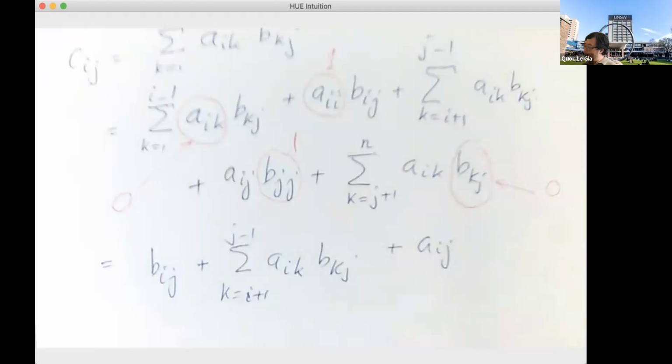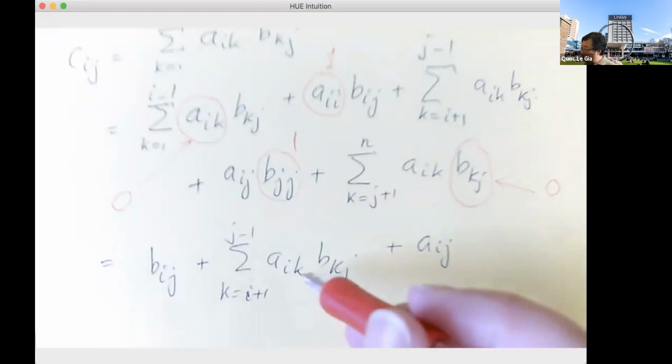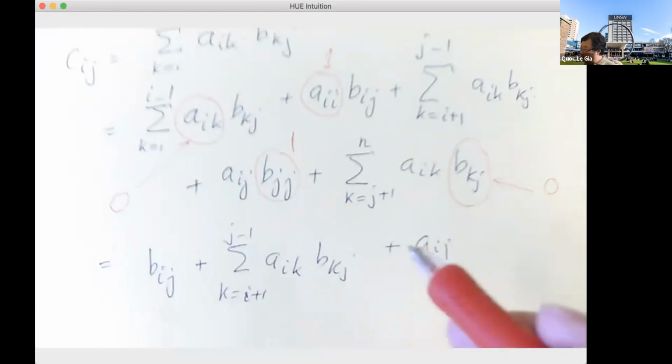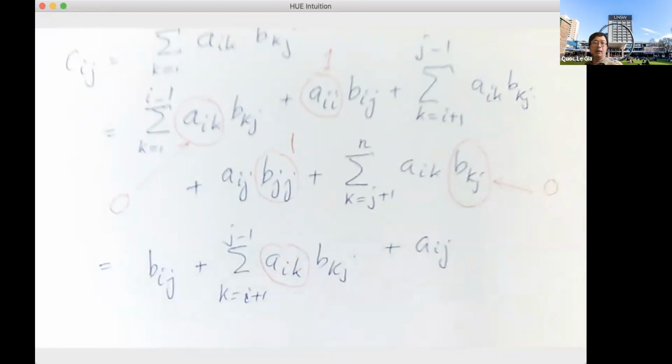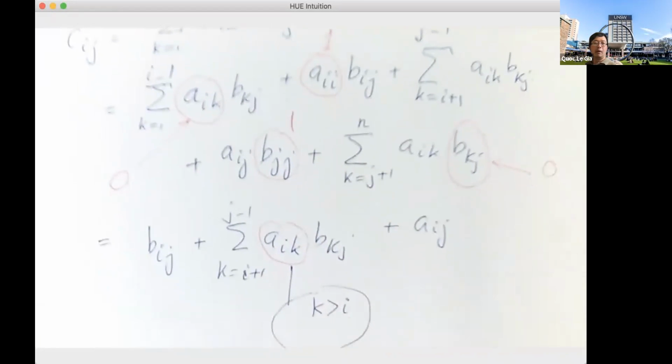Okay, but now look at this one, now look at the Aik. What is going on here? Here you have k bigger than i. If you remember, what does it mean? It means that the column is bigger than the row.